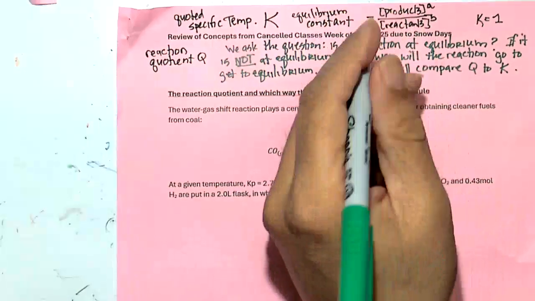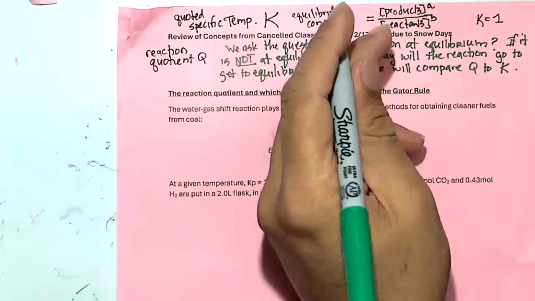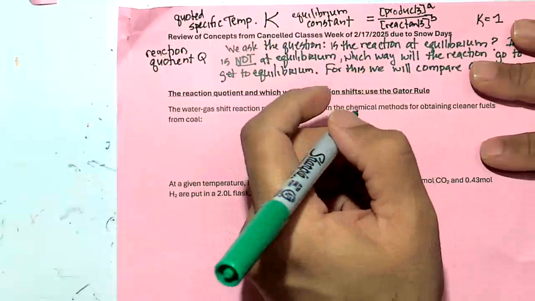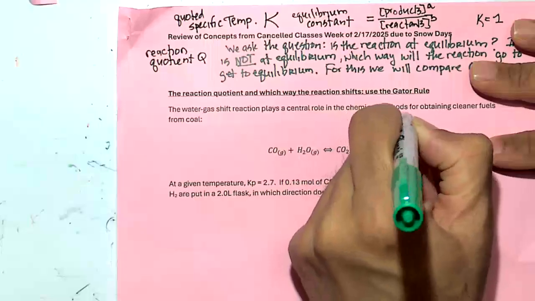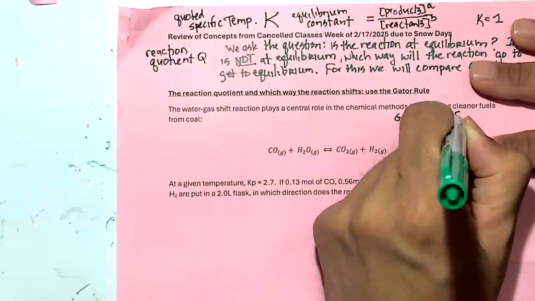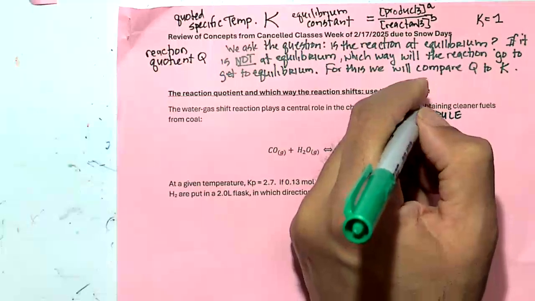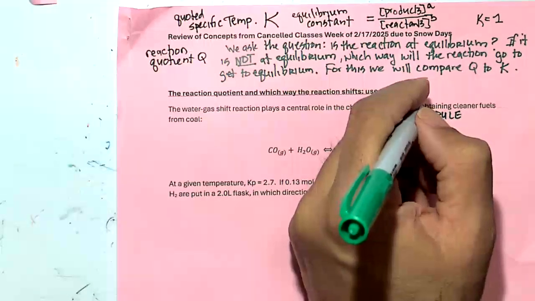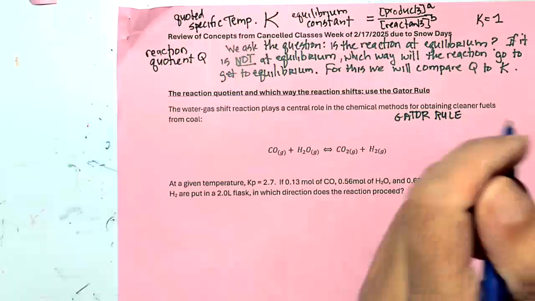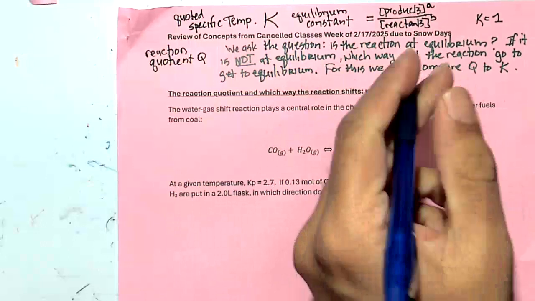We're going to use something called the Gator rule. Have you heard this term? This is how I learned it. It's called the Gator rule or alligator rule. For me to teach you this so that you get the right answer on the exam, you have to put Q first and then compare to K. Otherwise, what I'm telling you is wrong.